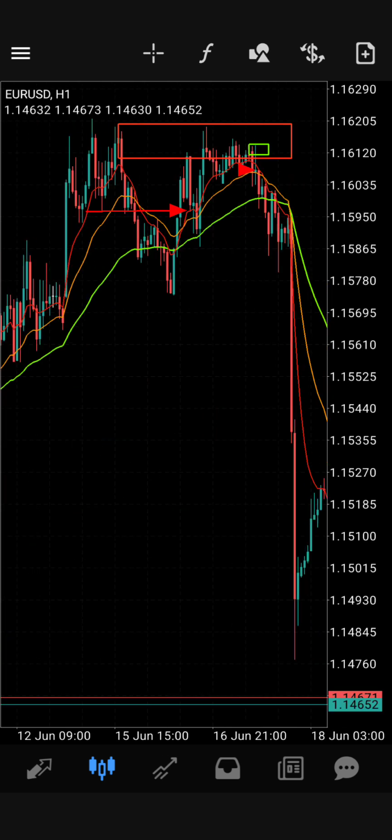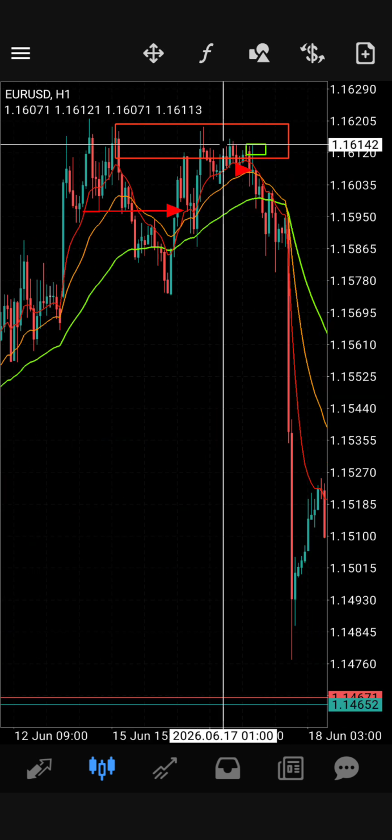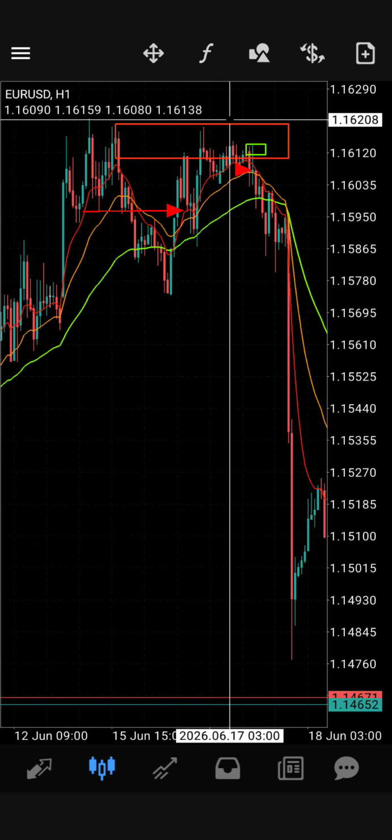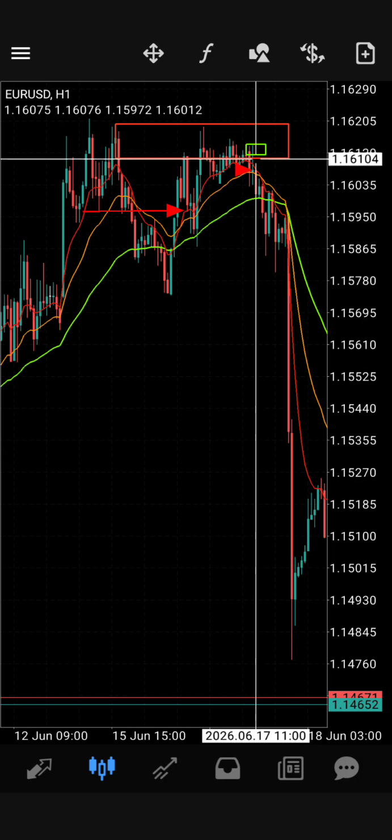Instead of you entering there with the stop there, you will be entering here, almost at the same place, with a tighter stop here, just above this little zone, which is very few pips, which is much tighter.